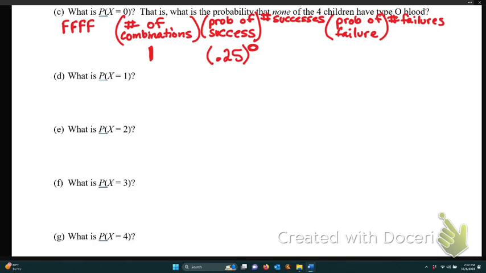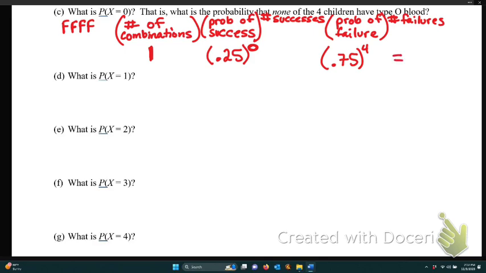So if the probability of success is 0.25, what's the probability of failure? 0.75, and I'm going to raise that to the number of failures. How many failures are there in each situation here? Well, there's 4 failures because they had to all fail for x to be 0, successes to be none. So really, in this particular problem, even though I know it was a lot of things to write down just to show you what the answer is, it's just 0.75 to the 4th power because it's 1 times 1 times 0.75 to the 4th power.